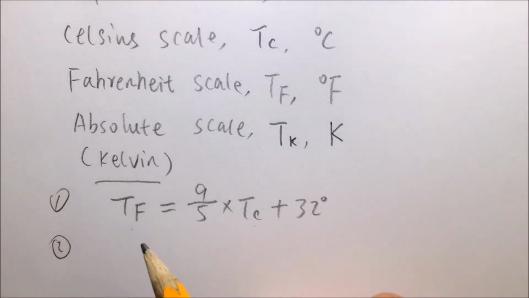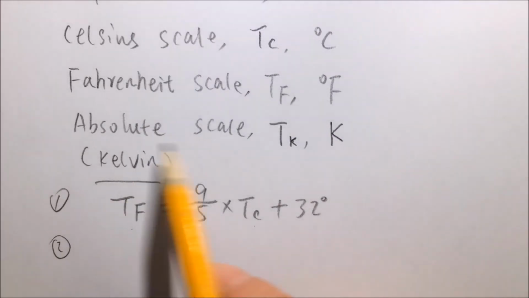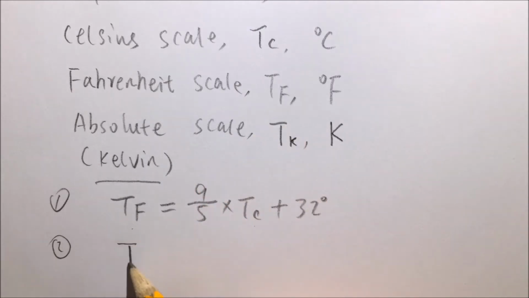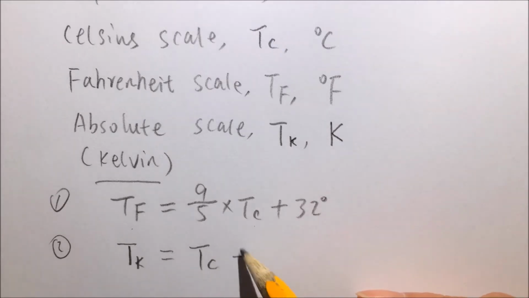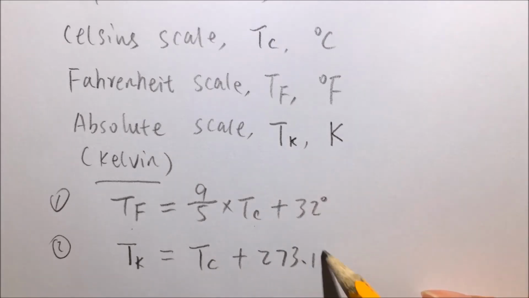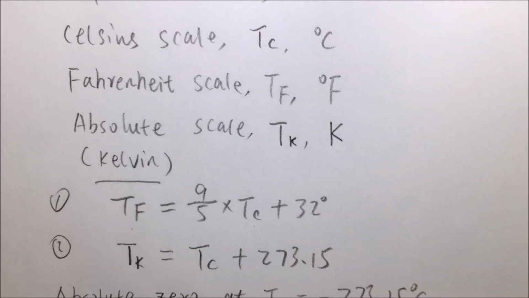The second equation, actually the relation between the absolute scale and the Celsius, is simply the Celsius degree plus 273.15. That's the number that makes absolute temperature zero if the TC is reaching minus 273.15 Celsius degree.